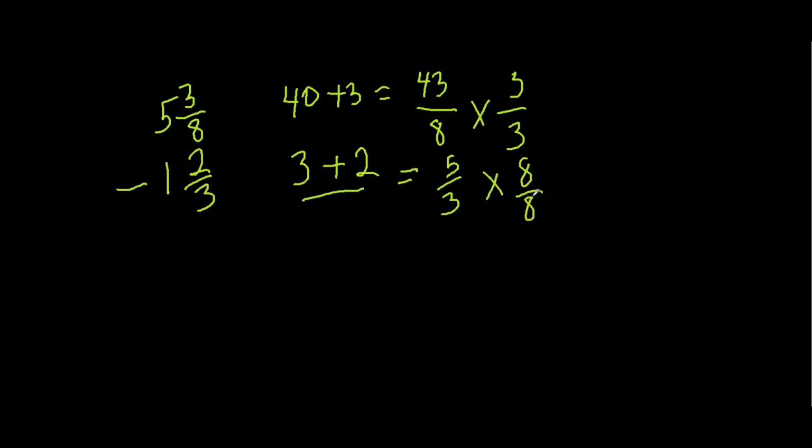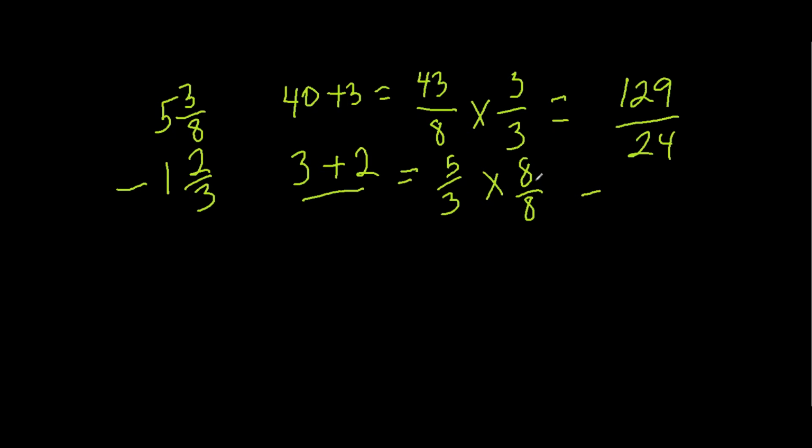As you recall, 8/8 is the same as 1. 3/3 is the same as 1. 1 times any number, the number stays the same. So this becomes 3 times 43 is 129. 3 times 8 is 24.